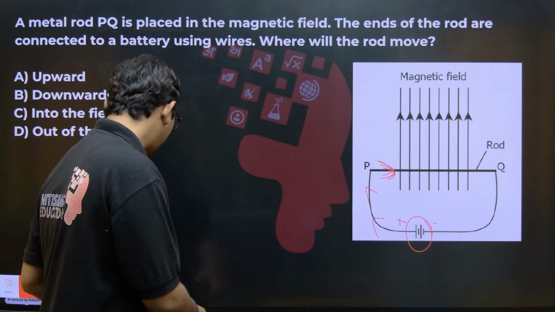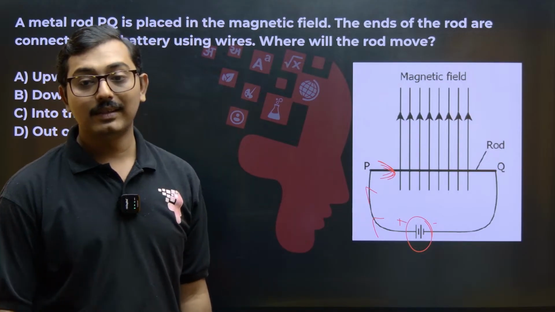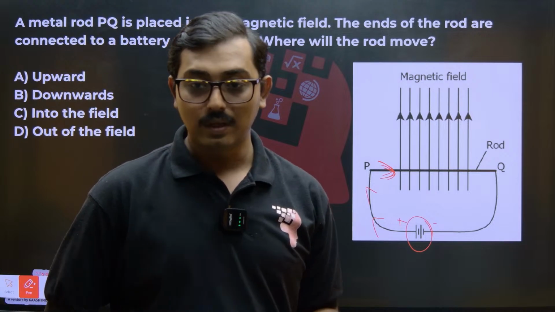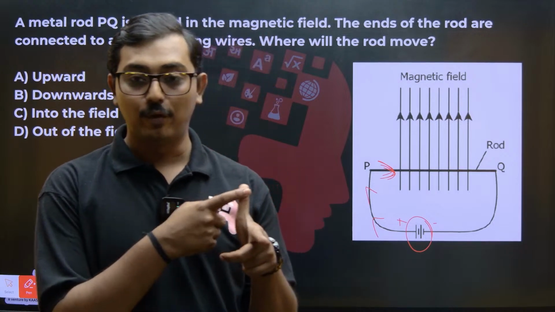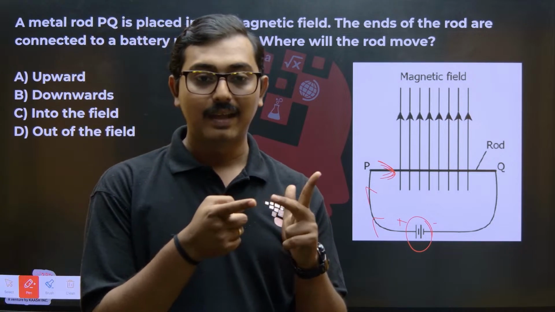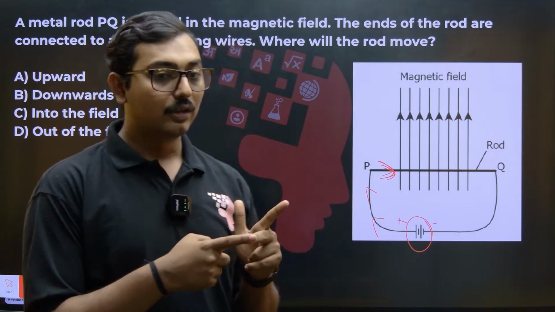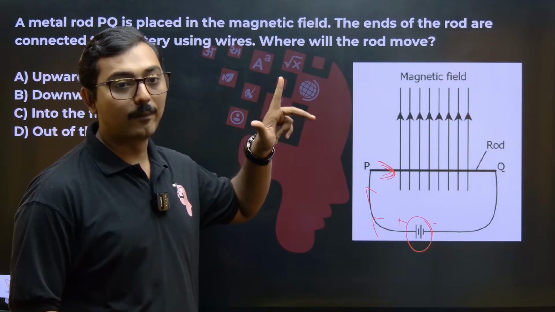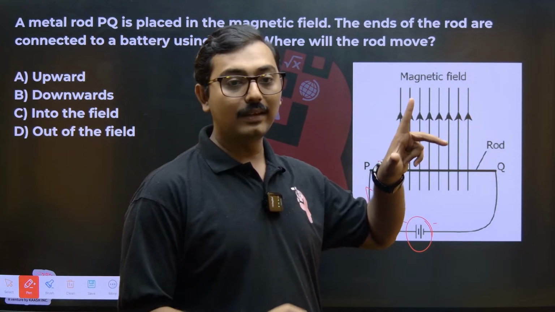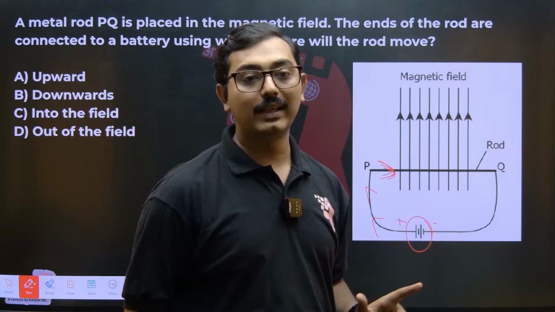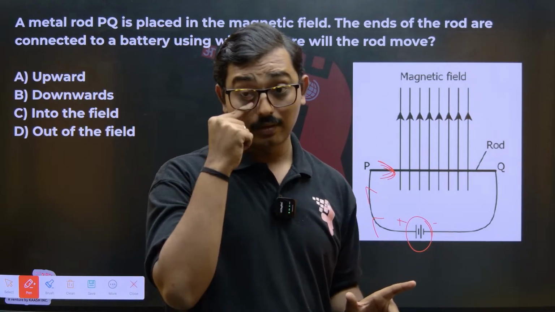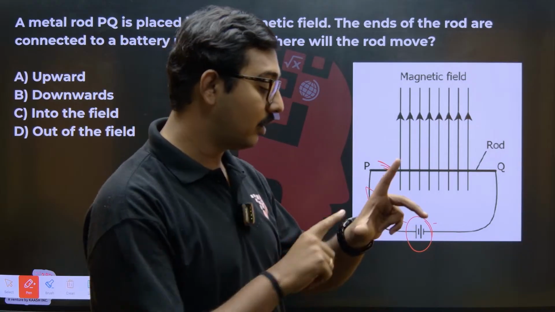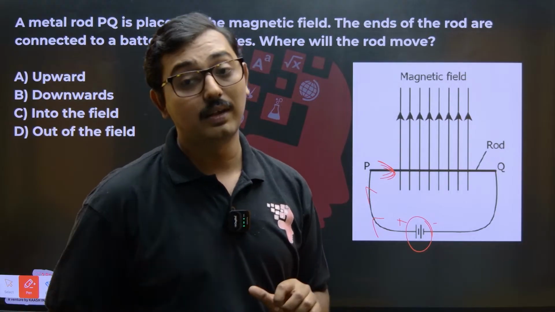Hence, we will use Fleming's left hand rule. Okay, with the help of the left hand rule, this is force, this is magnetic field, and this is flow of current. The current is flowing in this direction, and the magnetic field lines are going in the upward direction. So what is the direction of motion of the rod?